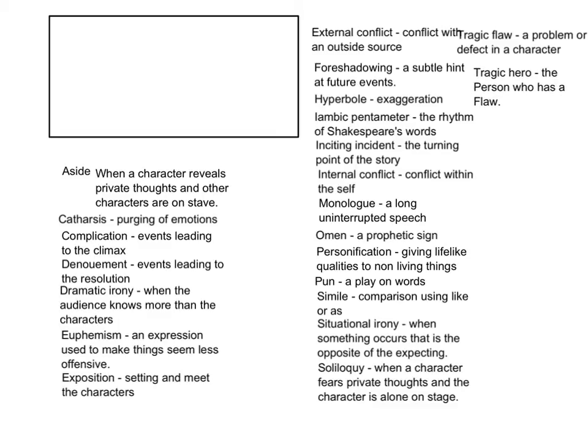And finally, verbal irony, when a character says something but means the opposite. The only other one that you're going to want to know, which is on the test but not on the matching column, is an anachronism.